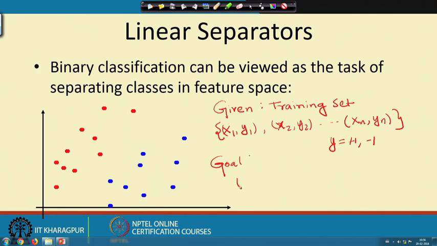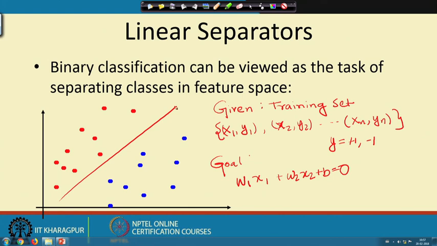is to find a hyperplane, in 2 dimensions a line, of the form w1 x1 plus w2 x2 plus b equals 0. Find a good linear discriminant which will classify the points.